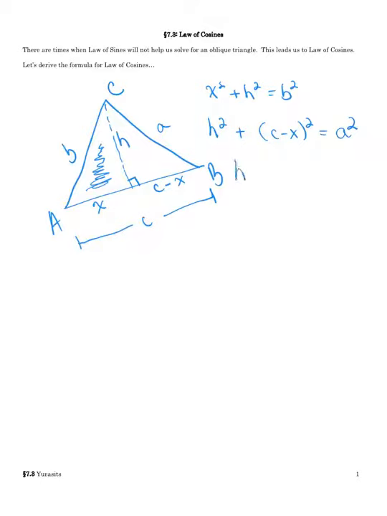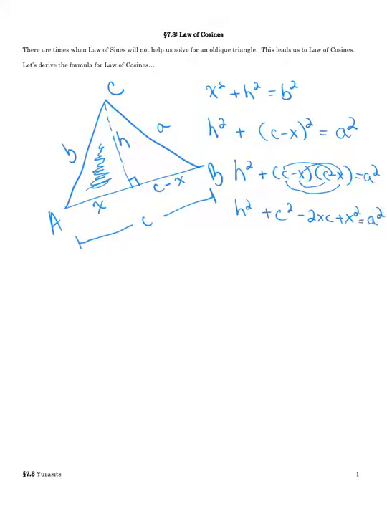So this is going to be h squared plus (c minus x) times (c minus x) equals a squared. H squared plus, when I FOIL this, I get plus c squared. I get a negative xc and then another one, so I have negative 2xc. And then negative x times negative x is x squared.